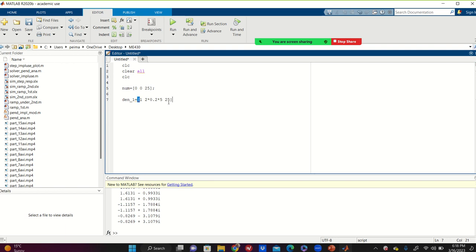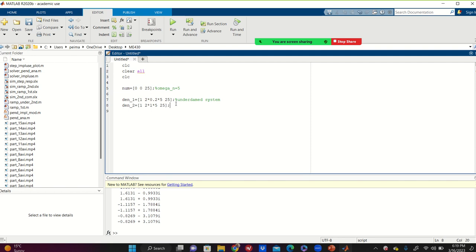Remember, in the coding for Bode plot, this is for the underdamped system. Omega n is 5. Then den 2 for the critically damped system. For the critically damped system, the damping ratio is 1. I'm going to put again 1, 5, and 25.